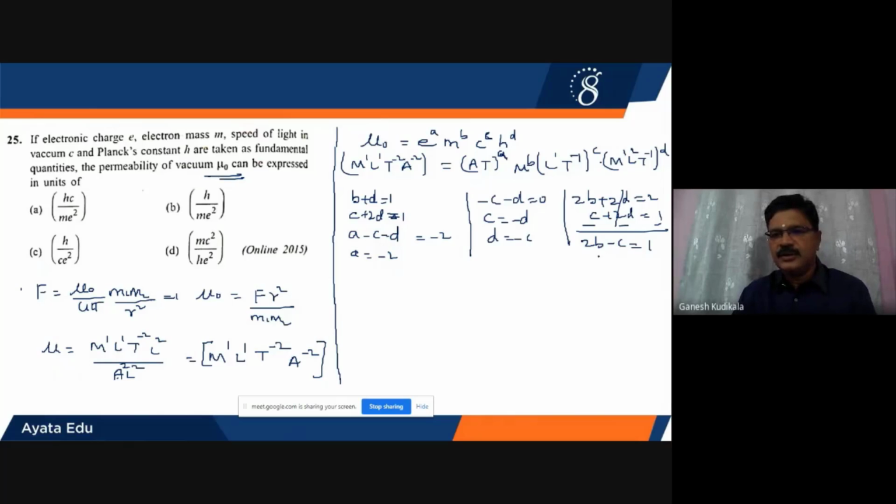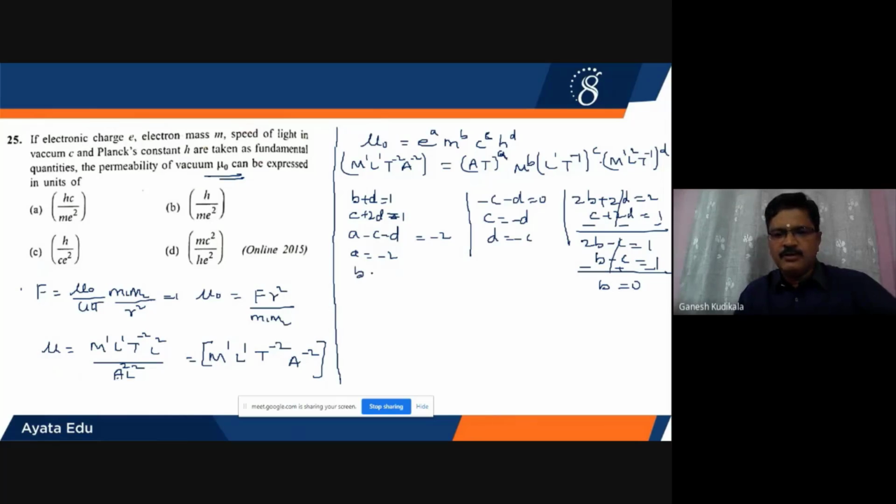If I use it here, it is 2b minus c will be equal to 1. On subtracting, these two will get cancelled. b will be equal to 0. If b will be equal to 0, definitely let us come back in. If b will be equal to 0, let us substitute b will be equal to 0 here, then d will be equal to 1.